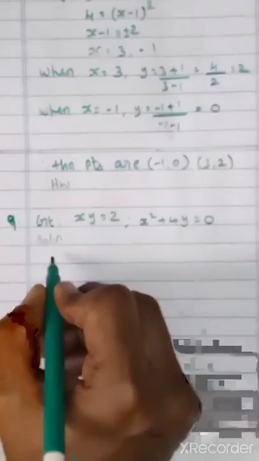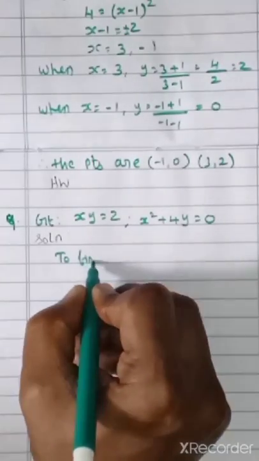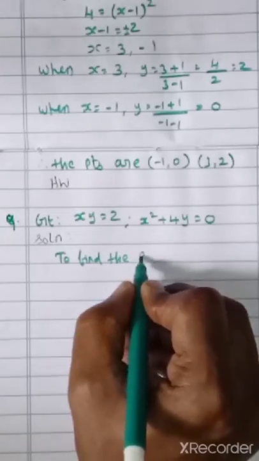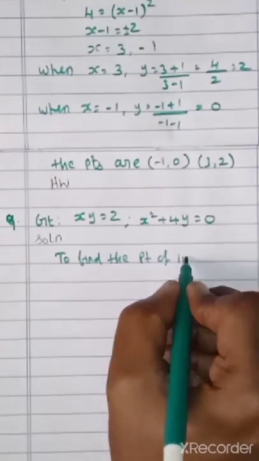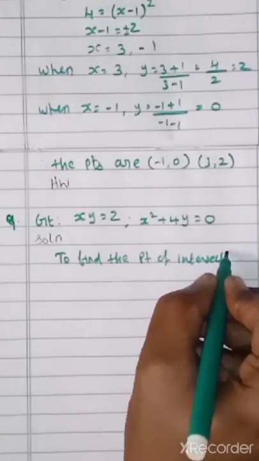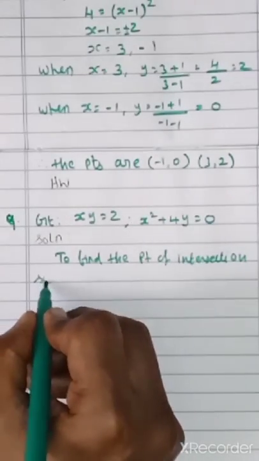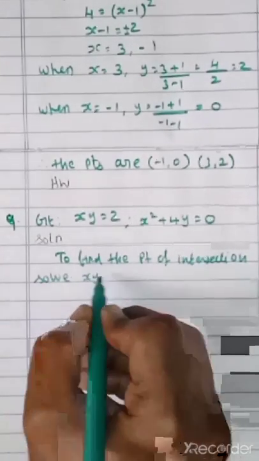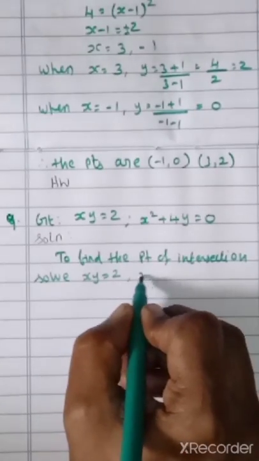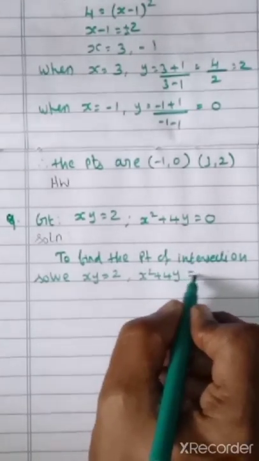So to find the point of intersection, we are going to solve the 2 curves, xy equal to 2 and x square plus 4y equal to 0.